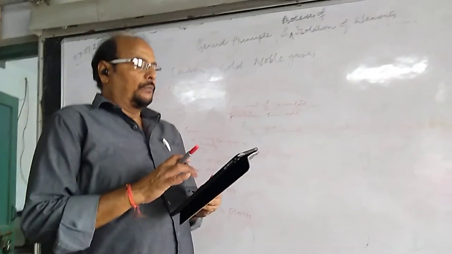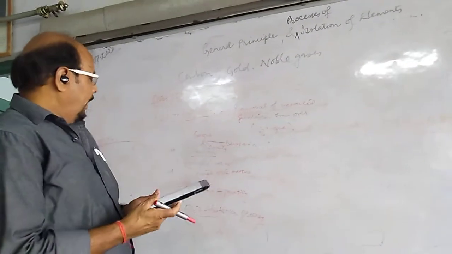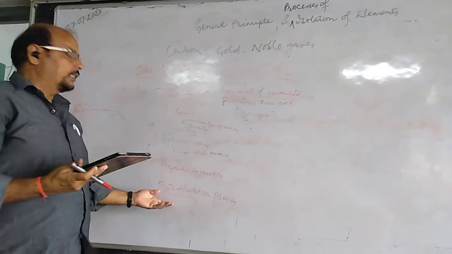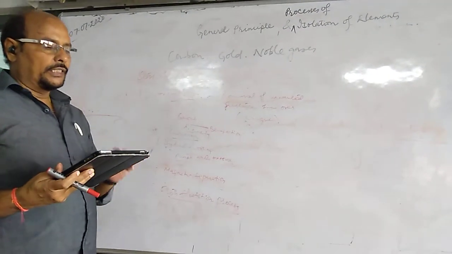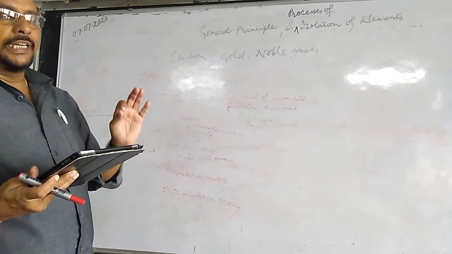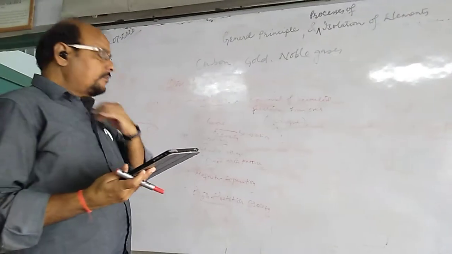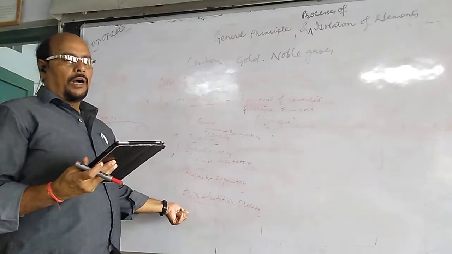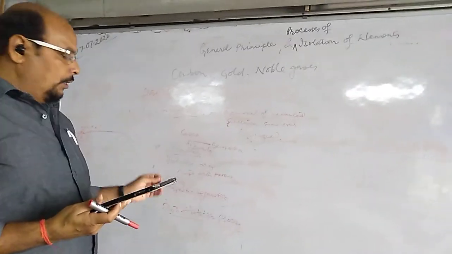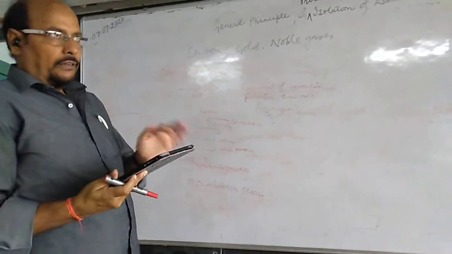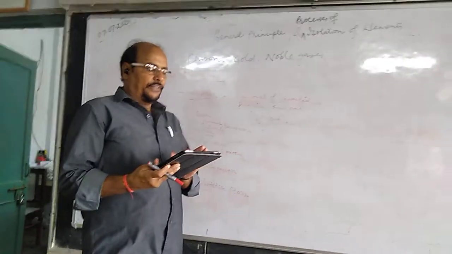If you read the book a bit, you would find that this method is used to concentrate sulfide ores, the froth flotation process. This method is very much useful for the extraction of copper, because copper is found in the form of sulfide ores. In your book some lines are written which I should read out for you.